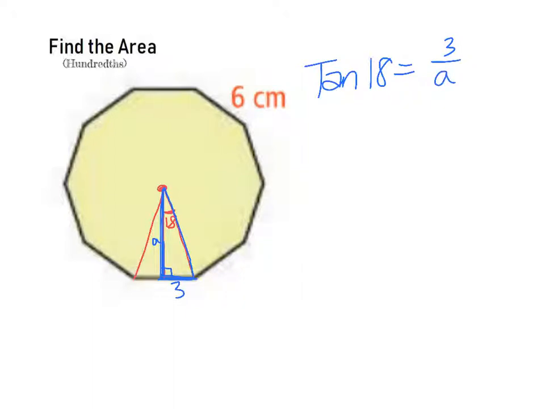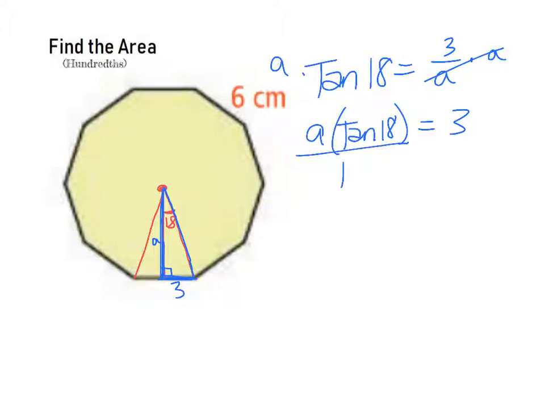Now this is a little bit weird. It doesn't work as nice. This is the one where you have to multiply both sides times the A to get rid of your fraction. So now you have A times the tangent of 18 equals 3. And you have to come back and divide by the tangent of 18. That's why I kind of wrote this up here. I knew it was going to take me some work.